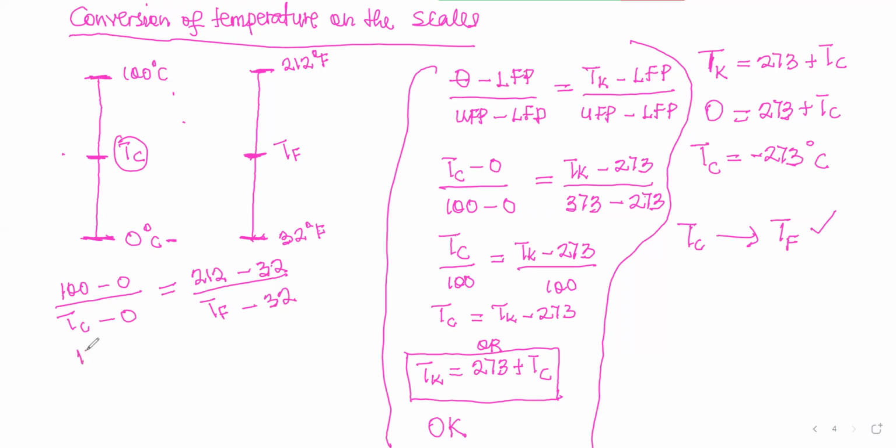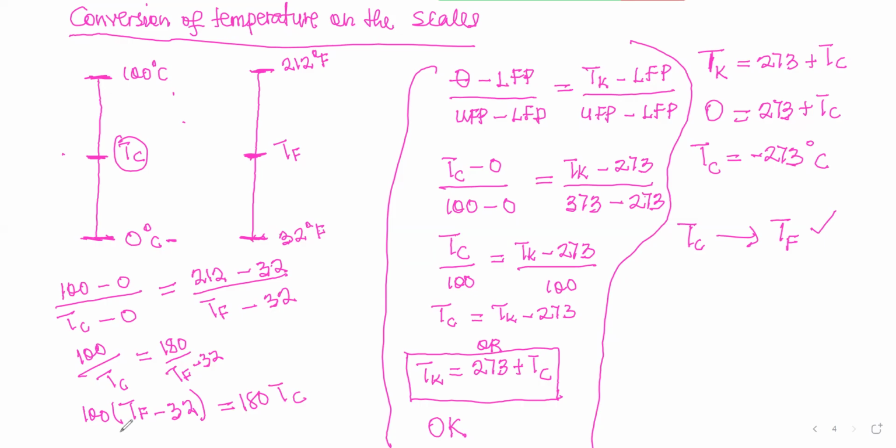So we have 100 over TC equal to 180 over TF minus 32. When you cross multiply, you have 100 times TF minus 32 is equal to 180 times TC.